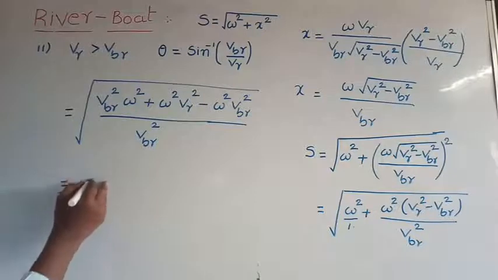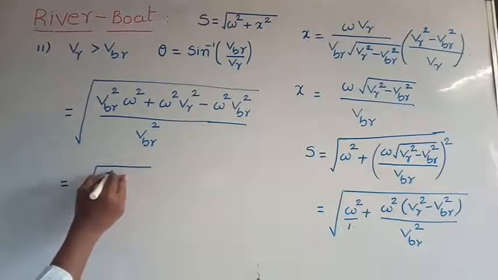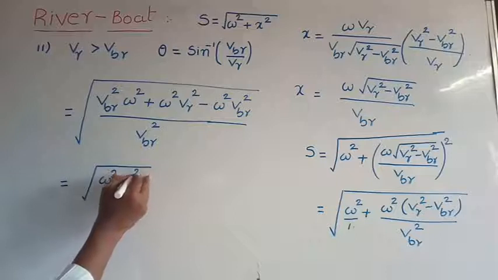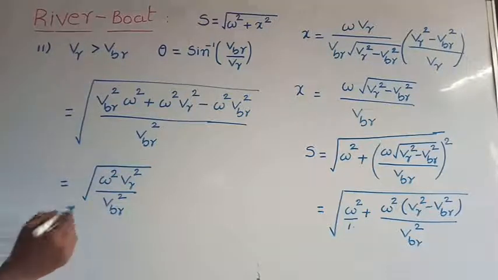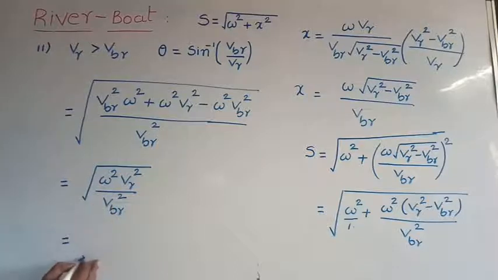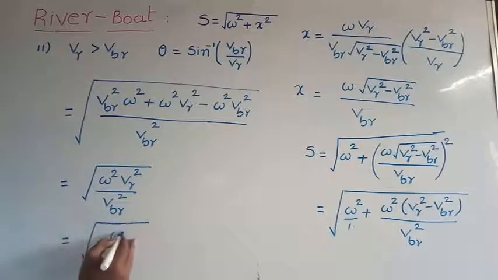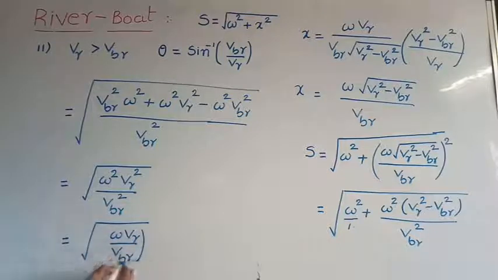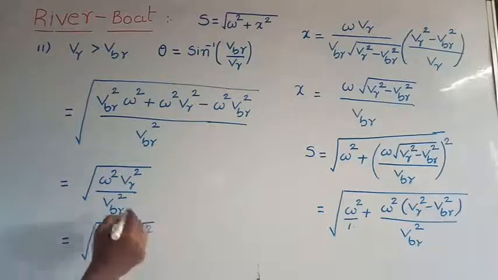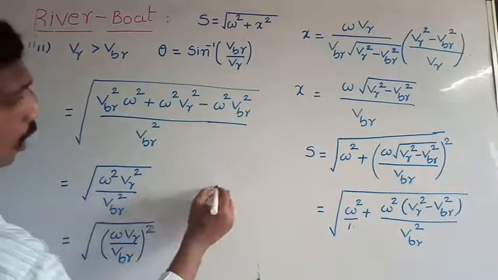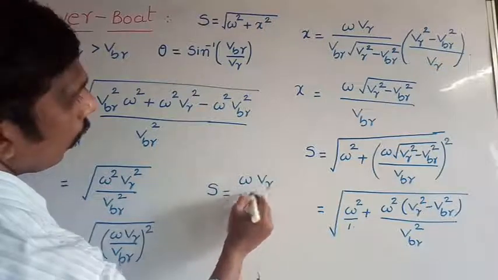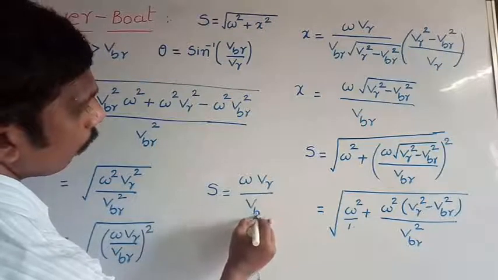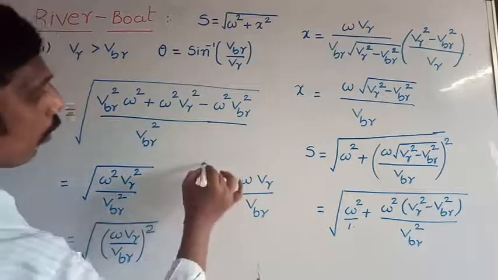In this we will get under root of W square into VR square by VBR square will come. So square root get this we can write whole root of W into VR by VBR whole square we will write. Square root get cancelled. Then we get S is equal to length of the path is equal to W into VR by VBR will come. So this is the minimum length.